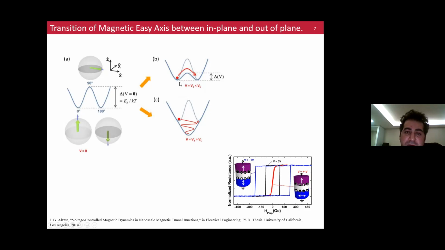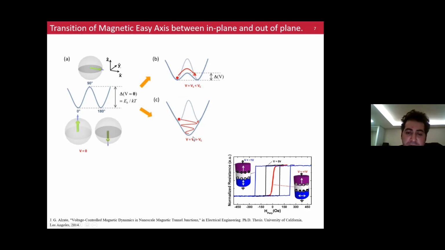If we define a critical voltage that totally removes this energy barrier, then when the applied voltage is lower than this critical voltage, we reduce the energy barrier and can more easily switch the magnetization.